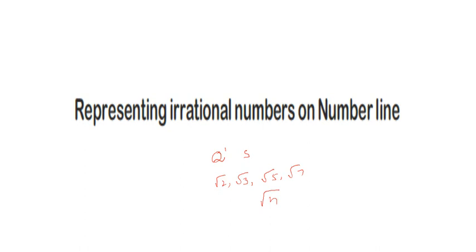Now, already we have learned all these. We draw number lines for natural numbers, whole numbers, integers, rational numbers. If there are any points left to plot on the number line, yes, there are some points that belong to irrational numbers.